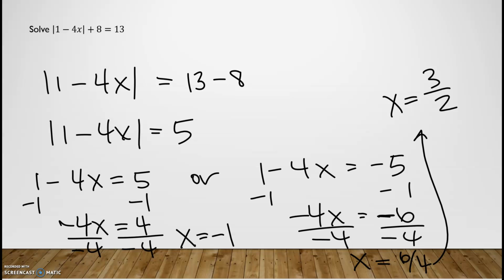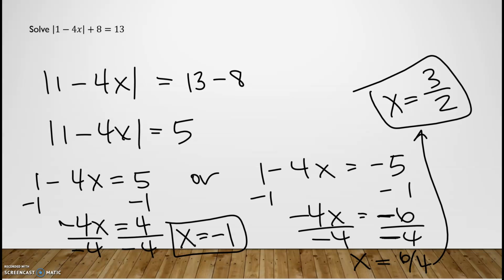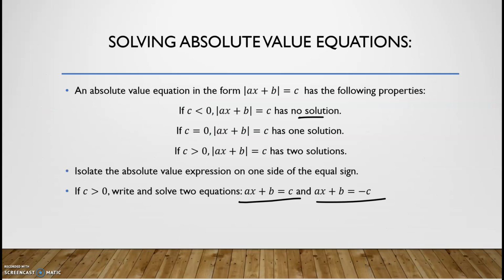And notice I had a negative over negative. That would give me a positive. So my two solutions are, and you would want to go back and check these just to make sure, x equals negative 1 and x equals 3 over 2. Now notice when we got the absolute value all by itself with a number, this number was a positive number. So that means that we should have had two solutions, and we did.